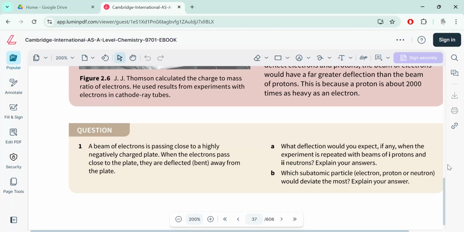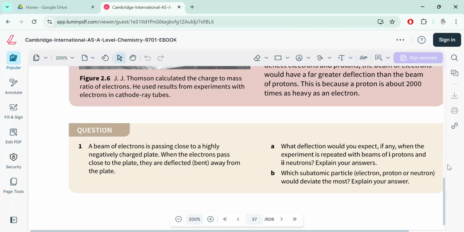Electrons and protons experience the same magnitude of electric force in the field, one positive and one negative. But the effect of that force will be greater on the electron, because the electron has a much lighter mass compared to the proton. This results in a larger deflection compared to the proton, once again because of the mass.